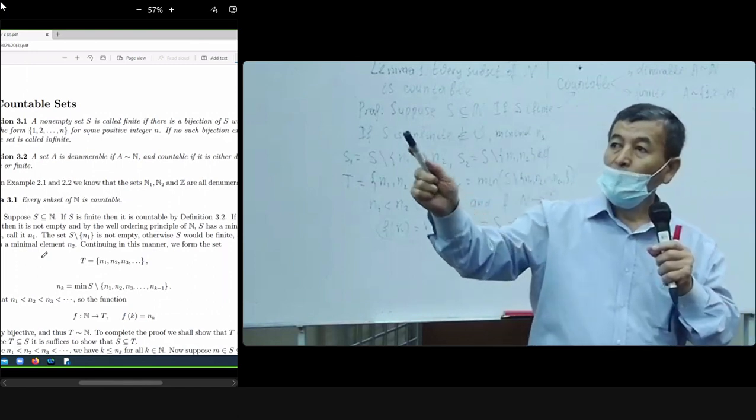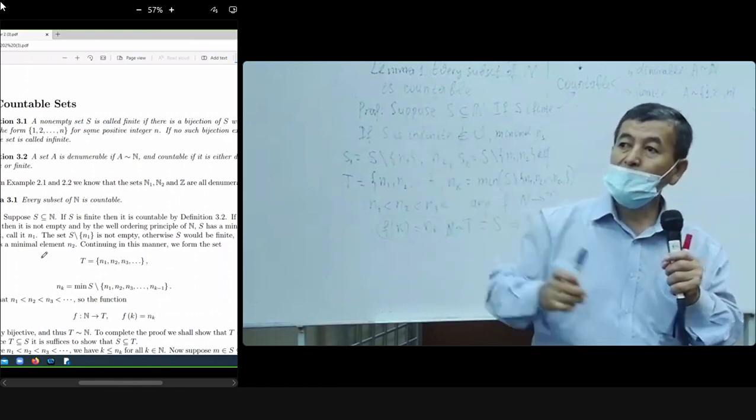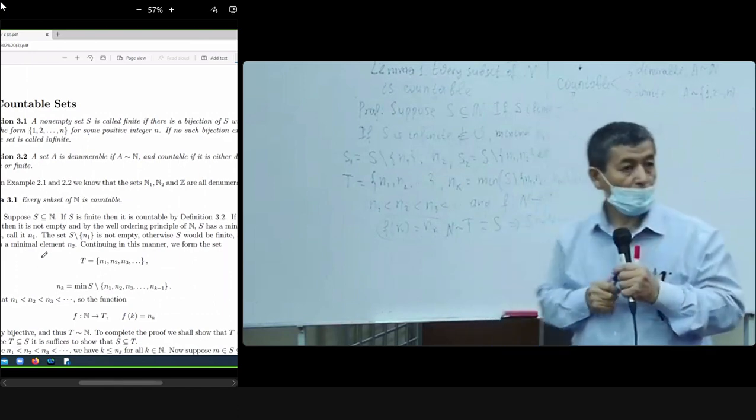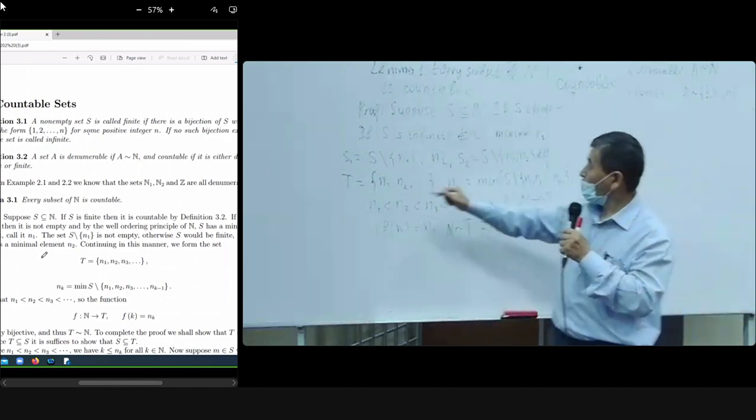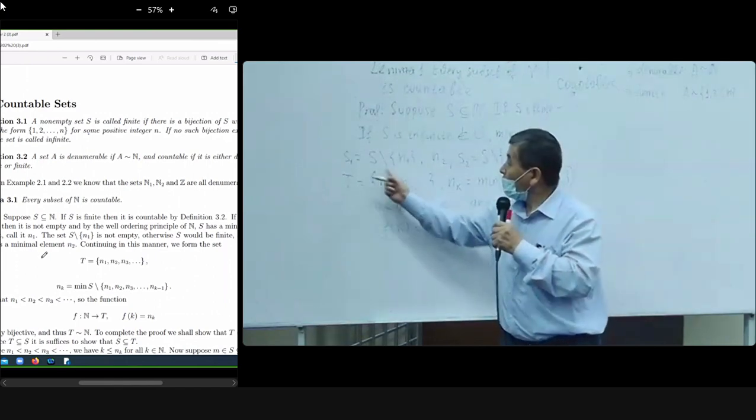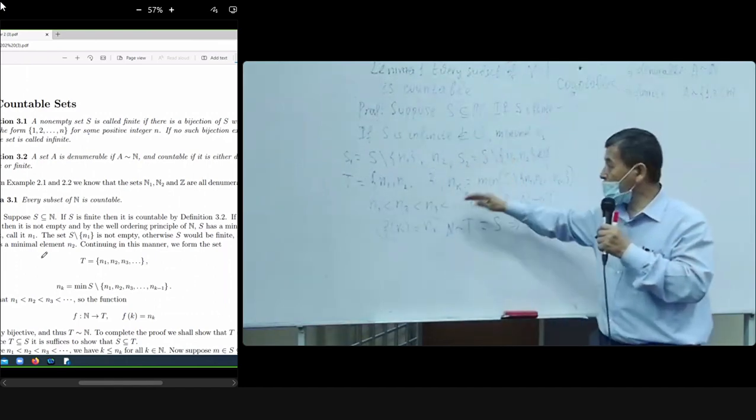So actually it says like this. First of all, T is a subset of S. It is clear because we are constructing T by taking out n1, n2, and so on.